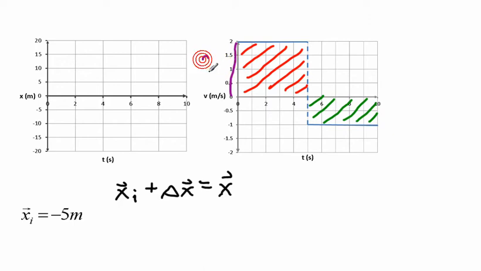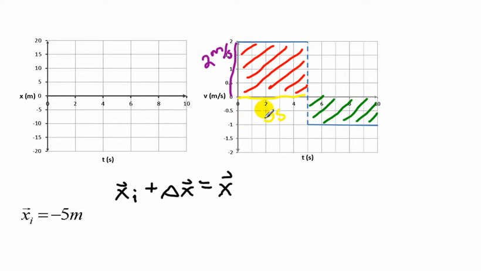It's 2 meters per second. It's a velocity because it's on the vertical axis. And this width, it's not a literal width. It's a time, 5 seconds, because it's on the horizontal axis.